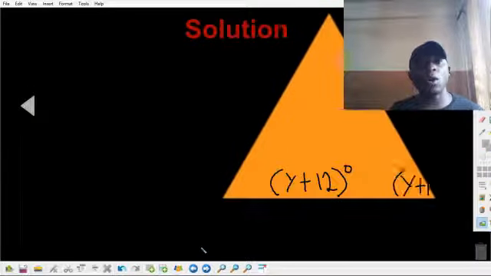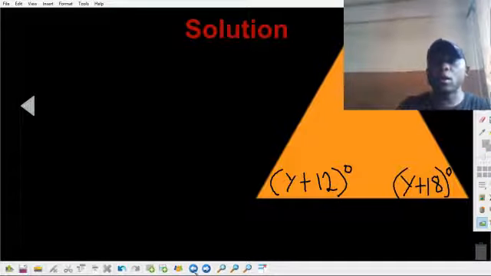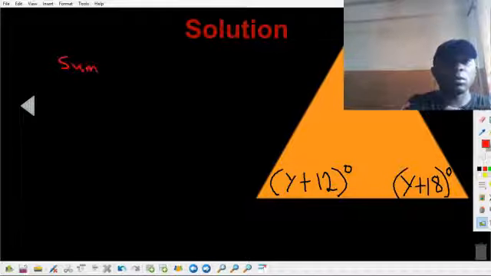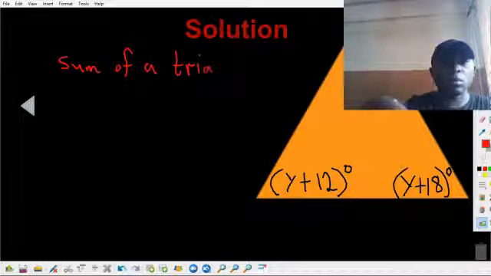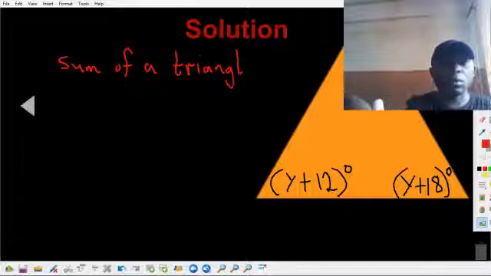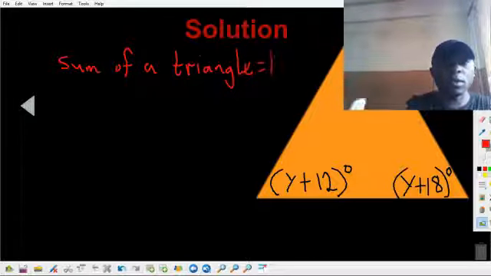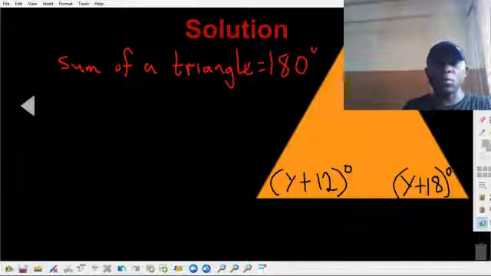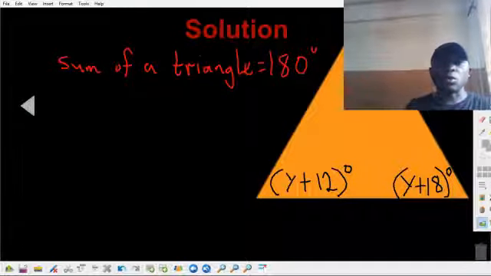Now if you recall earlier, I said the sum of angles of a triangle is equal to 180 degrees, right? So first thing we need to do here is to use this to find the value of y.